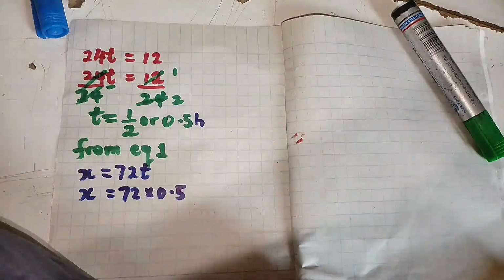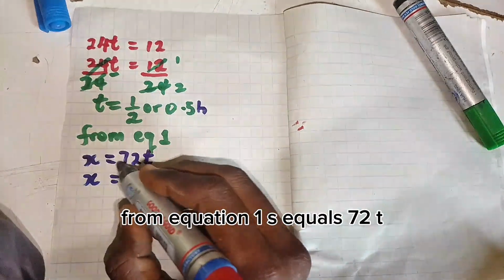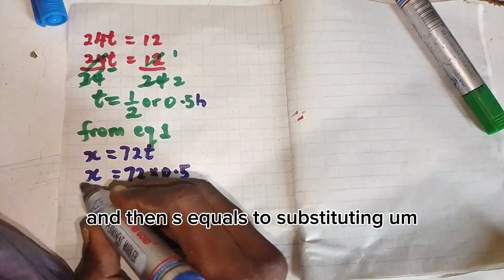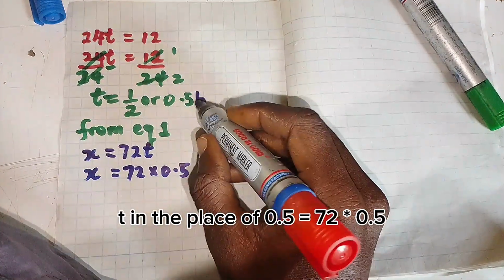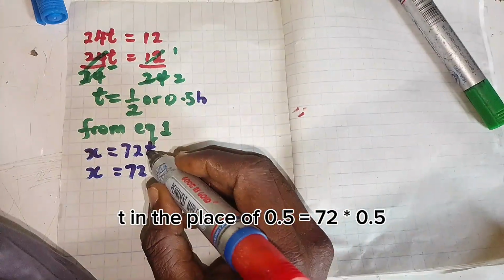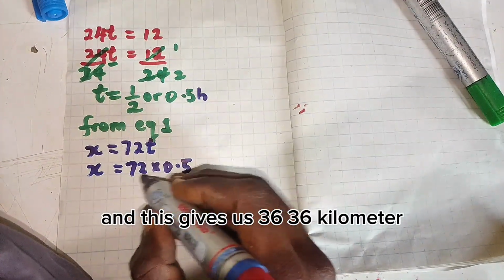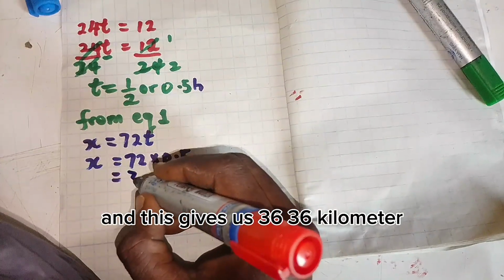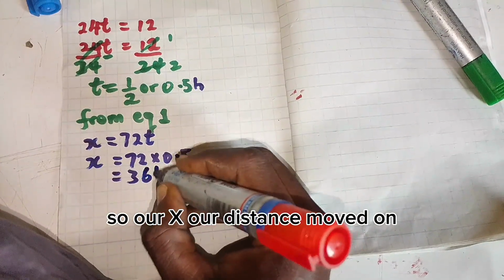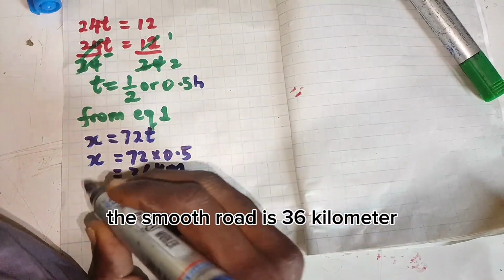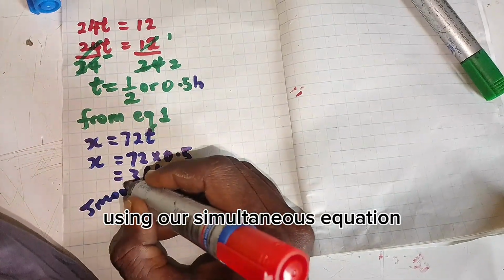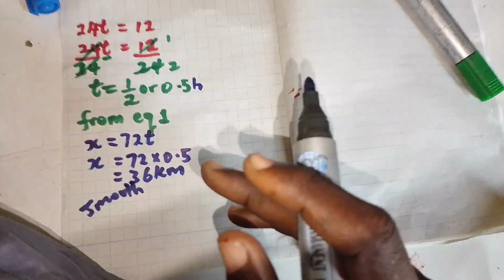From equation 1, x equals 72t, so substituting t as 0.5, we get 72 times 0.5, which gives us 36 kilometers. So our distance on the smooth road is 36 kilometers using our simultaneous equations.